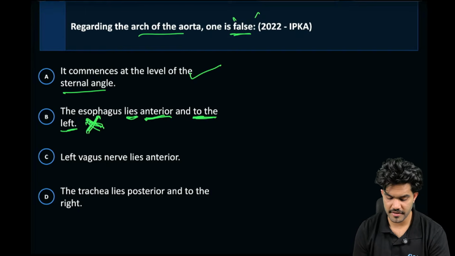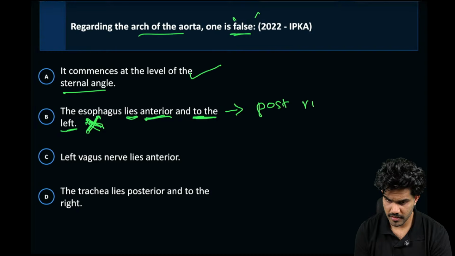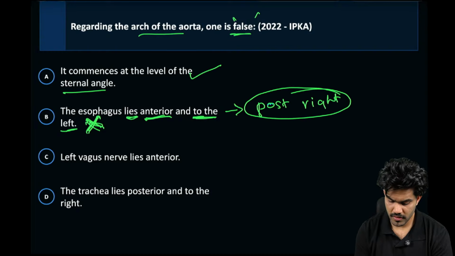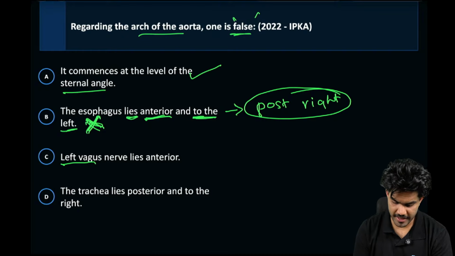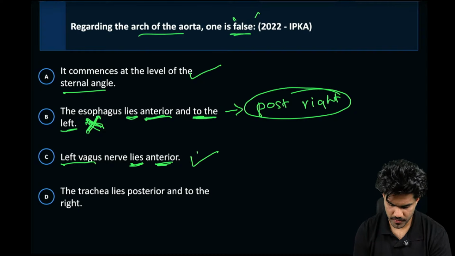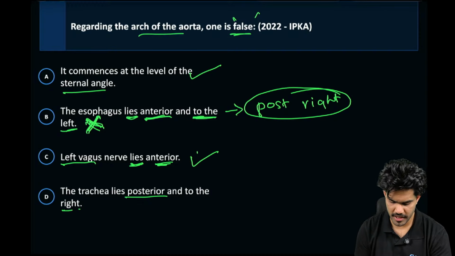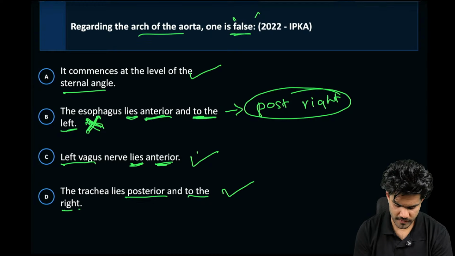The esophagus lies posterior and to the right. And the left vagus nerve lies anterior. Yes, it's true. The trachea lies posterior and to the right. Yes. So the correct answer, which is false, is B.